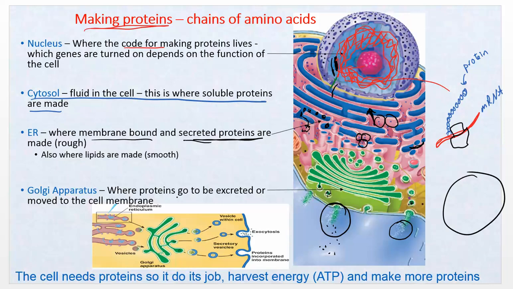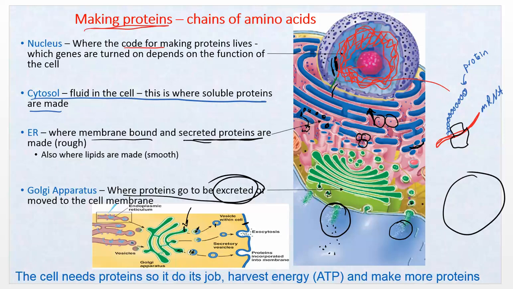The Golgi apparatus, I mentioned that, is where proteins go to be excreted, or they can be moved to the cell membrane. So you can either make them part of the membrane, so they're part of this vesicle, and when they come over here, they're still part of the outer membrane. Or we can squirt them into the vesicle, into the Golgi.